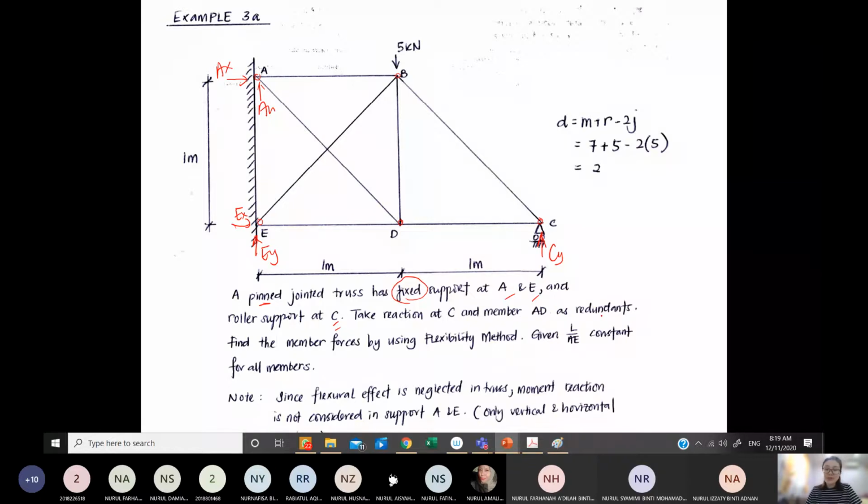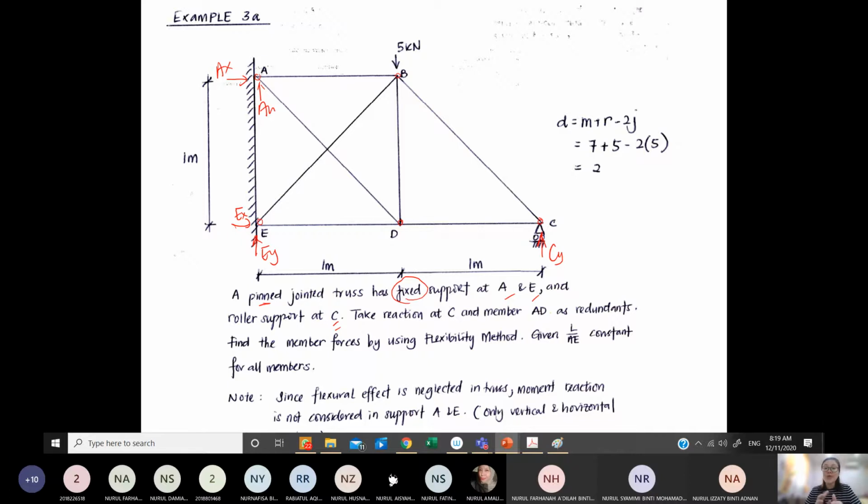Remember, don't expect this in your test or other problems, or real problems. Normally the redundants will not be given to you. You are the one who needs to decide which one to remove. The tip is just to make sure this structure is in a stable condition.